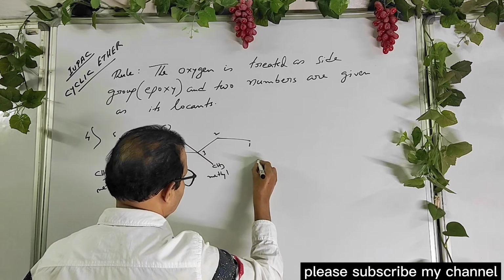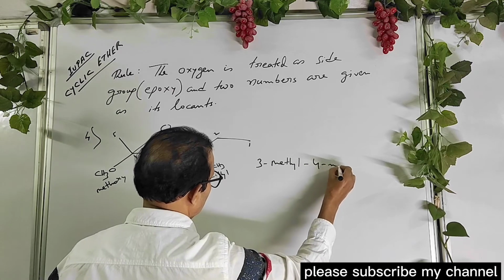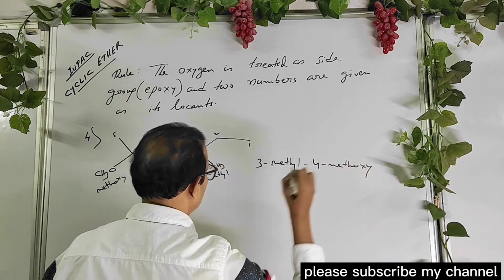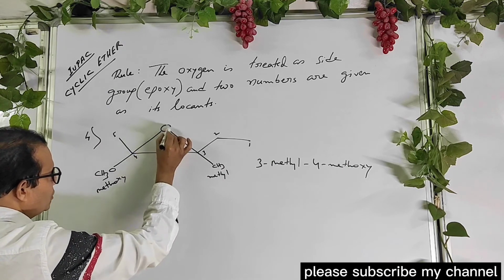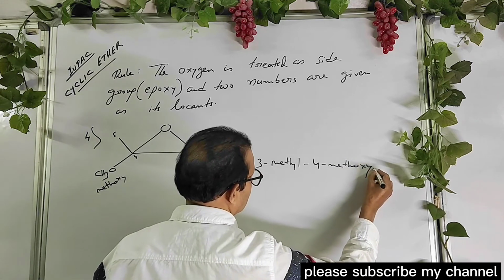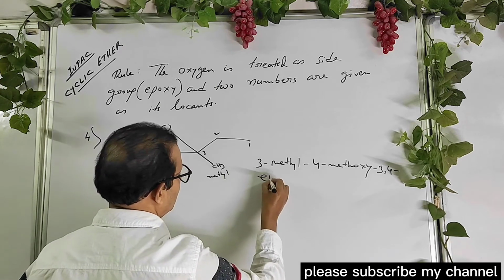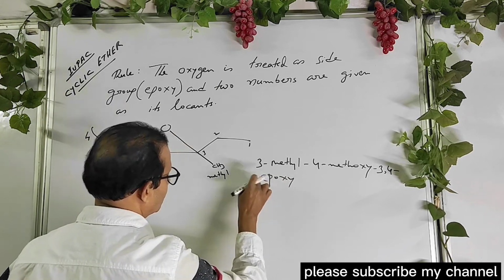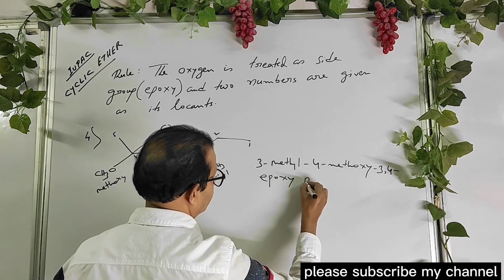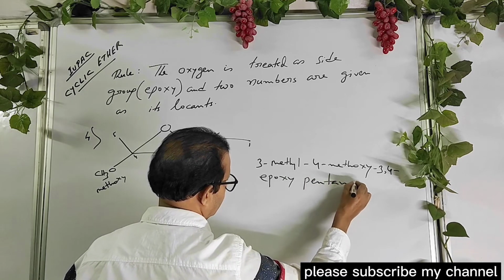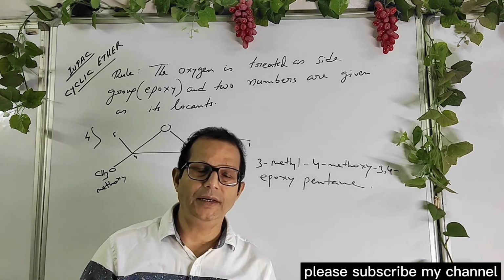So 3 methyl, 4 methoxy. The locants are 3 and at 4 position, 3, 4 epoxy, methane, ethane, propane, butane, pentane. Okay, I think you understand it.